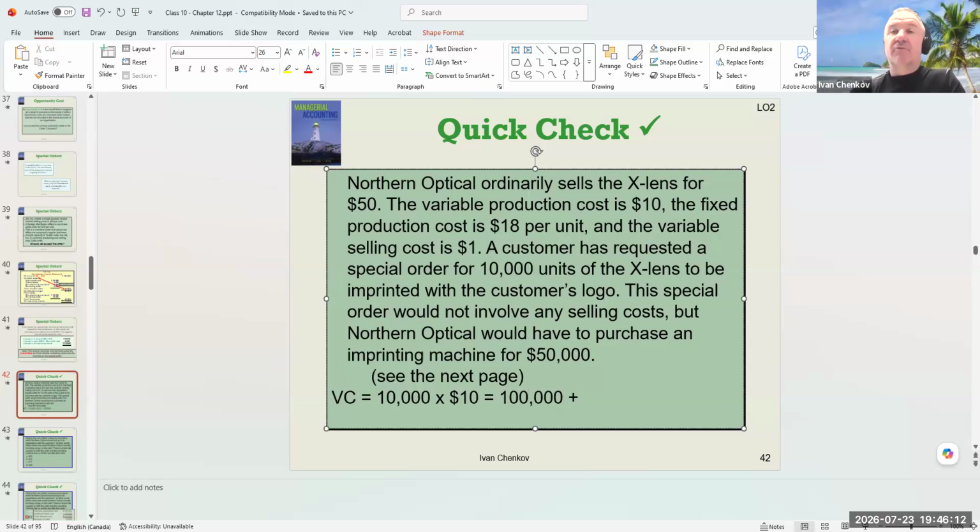Plus, on top of that, I have to pay for this machine, which is $50,000. So my total cost for this sale is going to be $150,000.